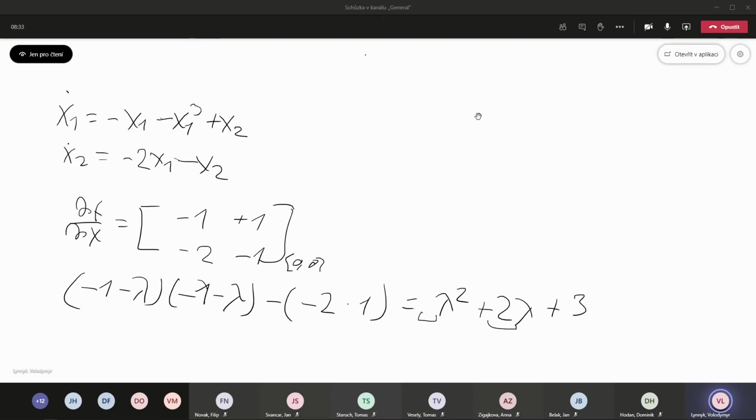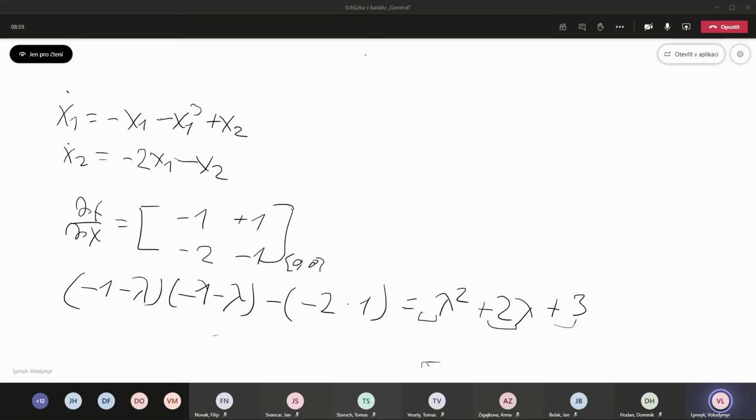And here you always say, okay, this polynomial is stable because all coefficients are positive, and you don't need to do anything.